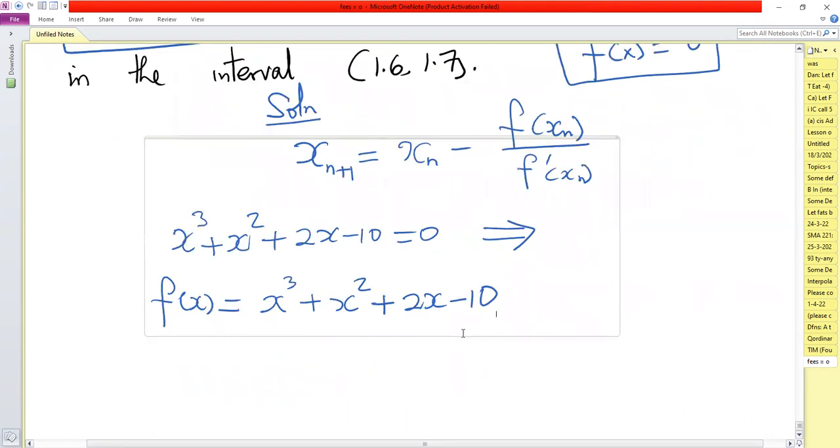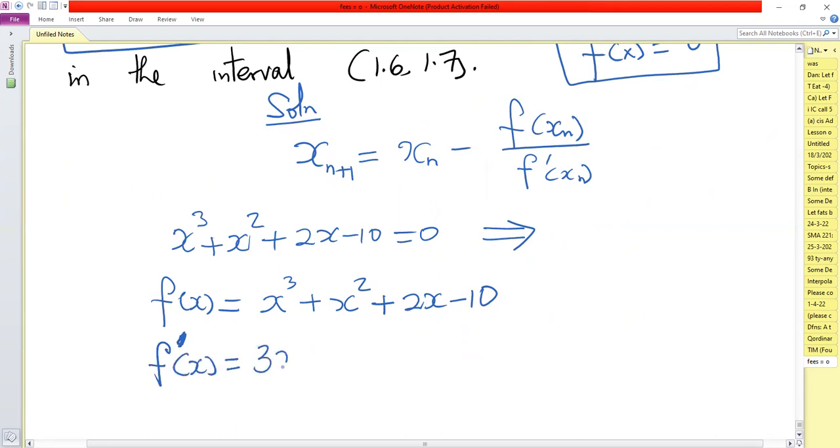And then we also are required to find the derivative. So the derivative of f of x is given by 3x squared plus 2x plus 2.